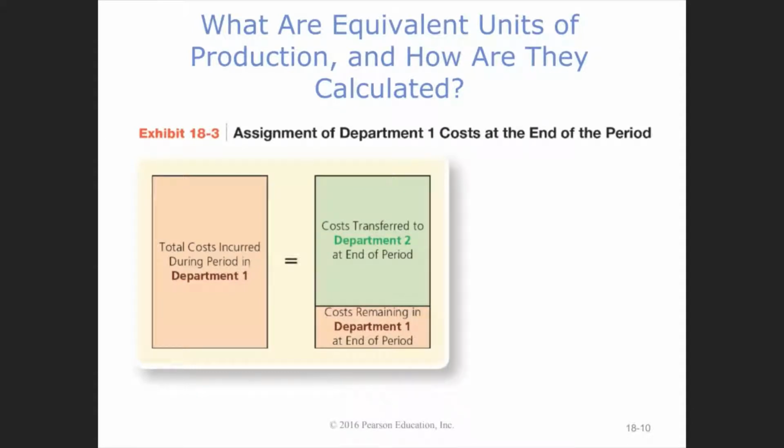So here we have the assignment of Department 1 cost at the end of the period, and we've got total cost incurred during the period in Department 1, which equals the costs that are transferred to Department 2 at the end of the period, plus the cost remaining in Department 1 at the end of the period.